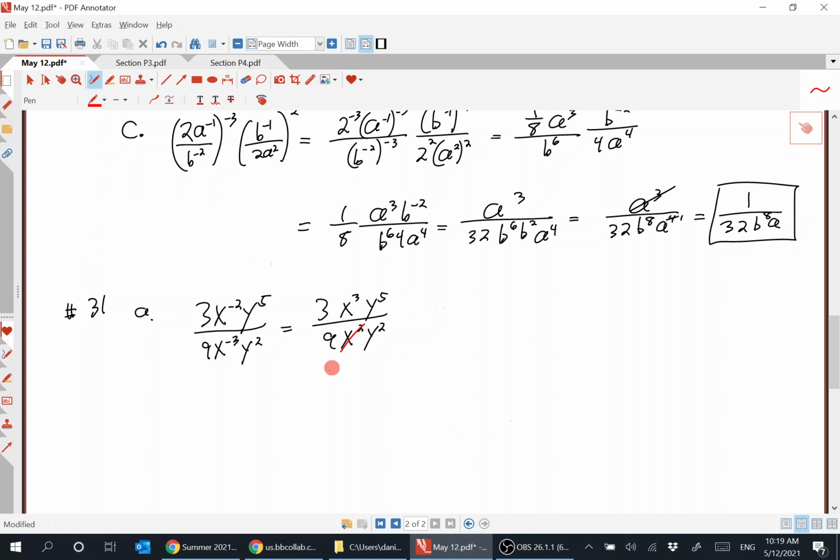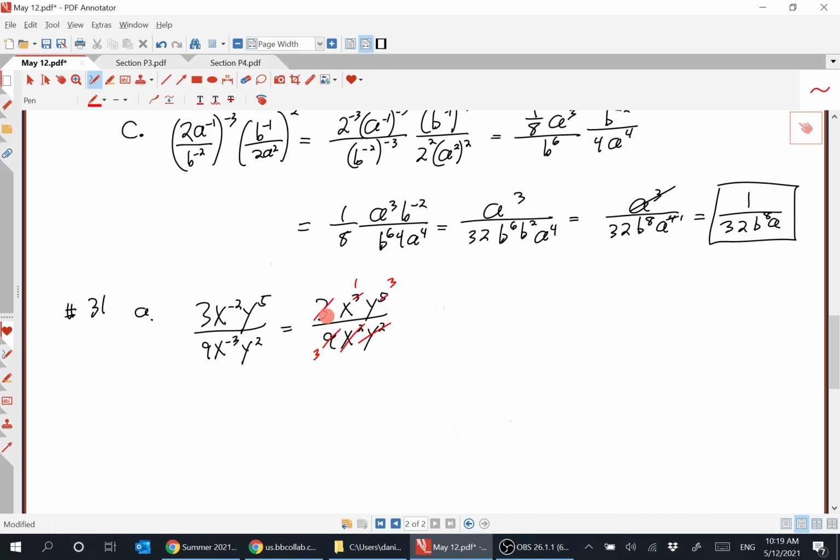Okay, so we're going to cancel the 2 on the bottom with the 3 on the top, leaving 1. Cancel the 2 y's on the bottom with the y's on the top, leaving 3. 5 minus 2 is 3. That's 5 factors of y, that's 2 factors of y. Cancel the 2 factors of y on the bottom with the 5 on the top, leaving 3. And then the 3 and the 9 cancel, leaving a 3 on the bottom.